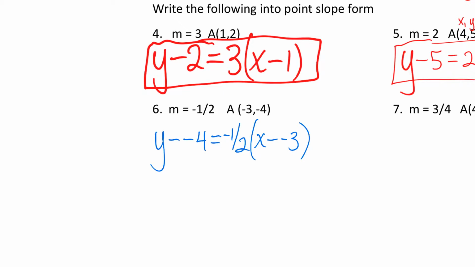Now remember, there's a minus built into the form, so that goes there automatically. And then if there's a negative 4, then we're going to have this situation right here. So what happens when we have two negatives stacked like that? It becomes a positive. So I'm going to clean this up and rewrite it as y plus 4 equals negative 1/2 times x plus 3.